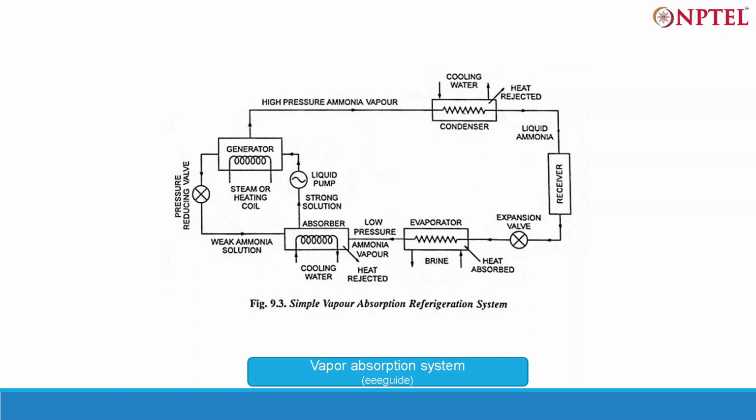The condenser is there to reject heat. The evaporator is there to take heat from the space.